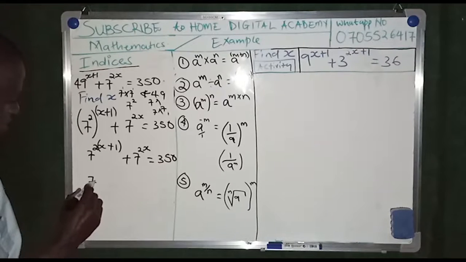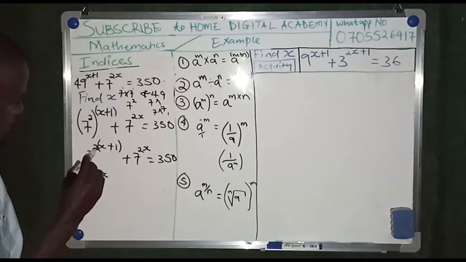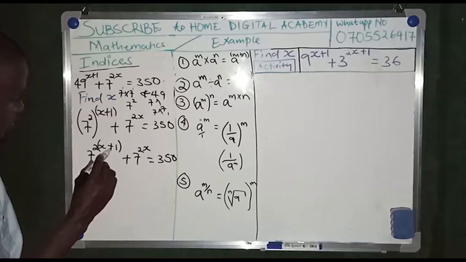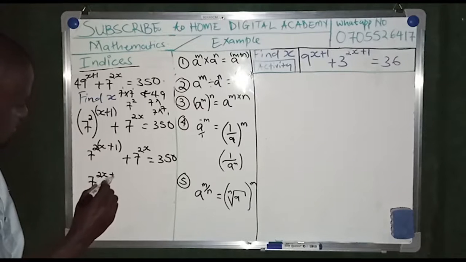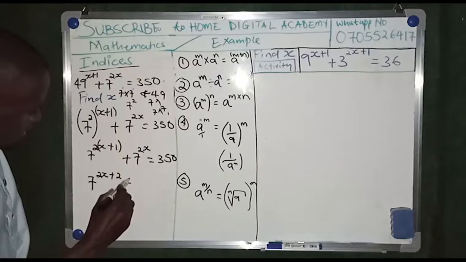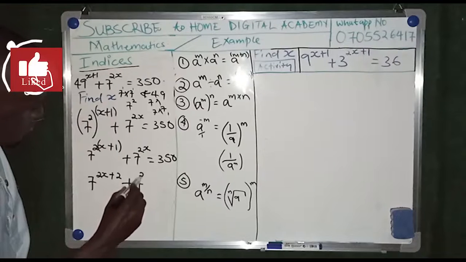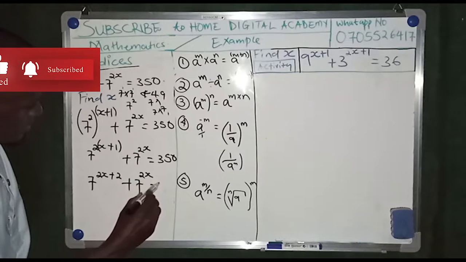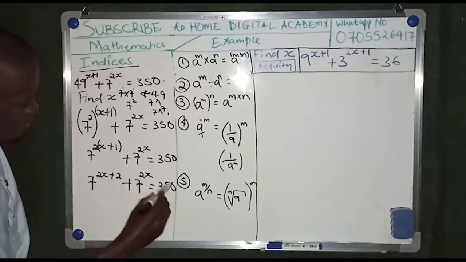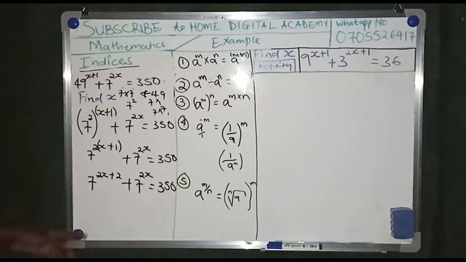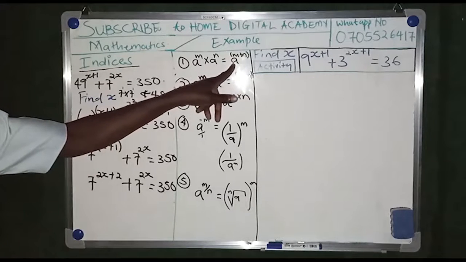So it will be 7 to the power 2x, then 2 times 1 becomes 2, then plus 7 to the power 2x, equals 350.